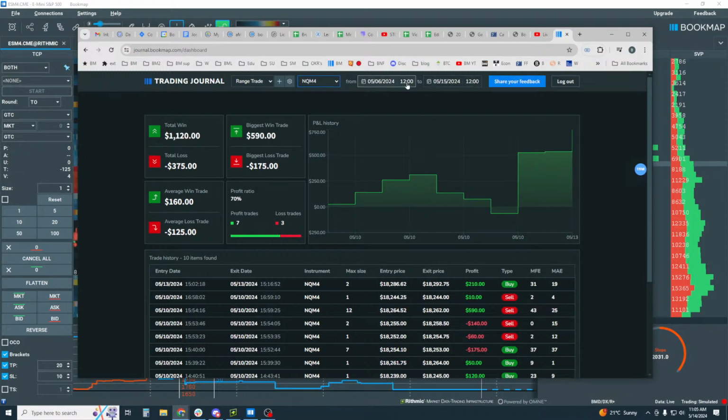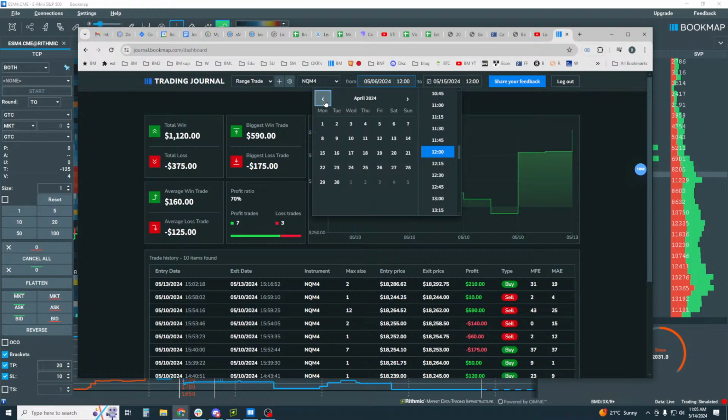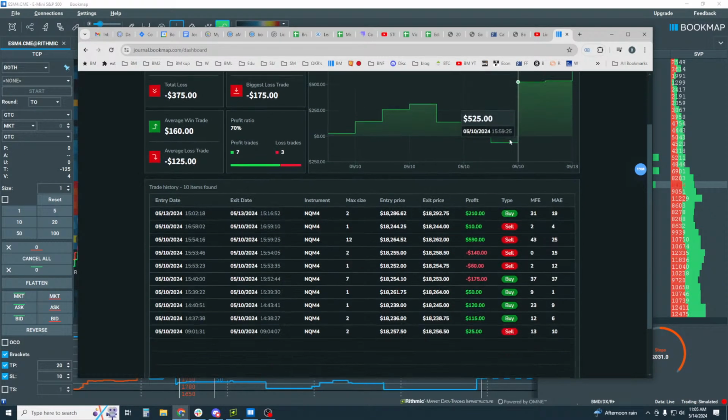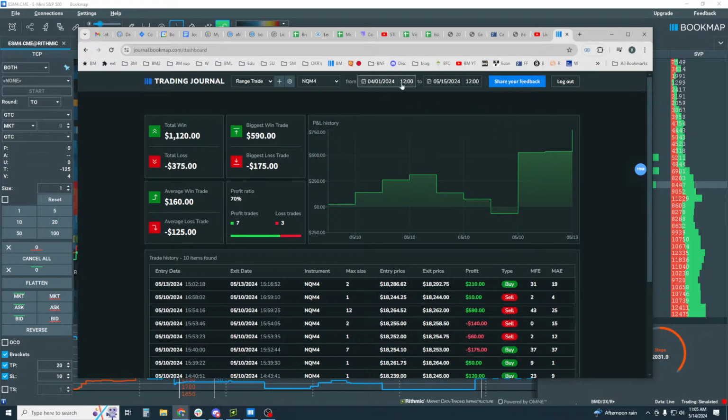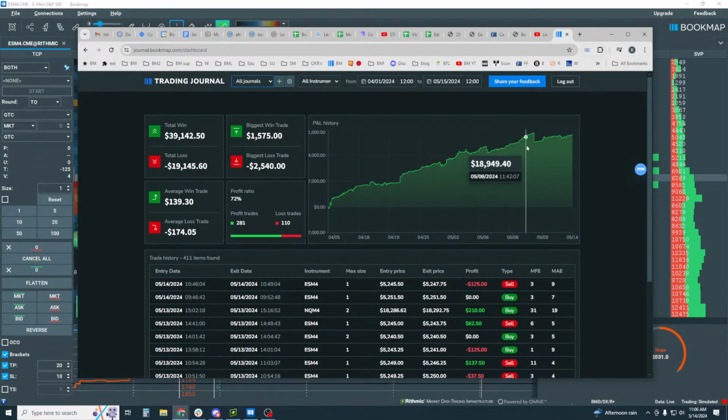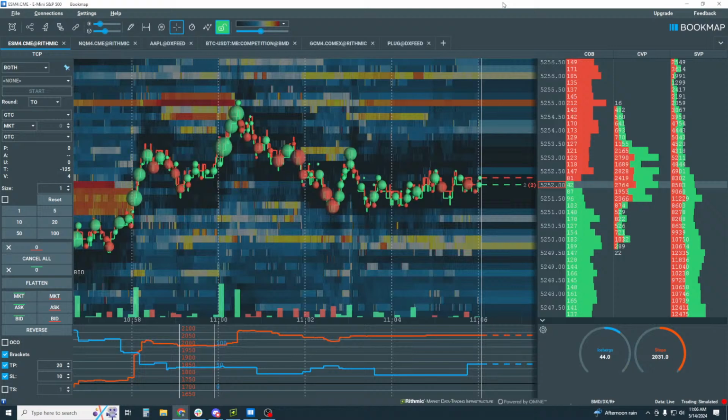Boy, you can just see it in here. If we go back. Oh, that's for the NQ, that's why. Oh, for that journal. Okay. Yeah, all that little trading in here, like I said.